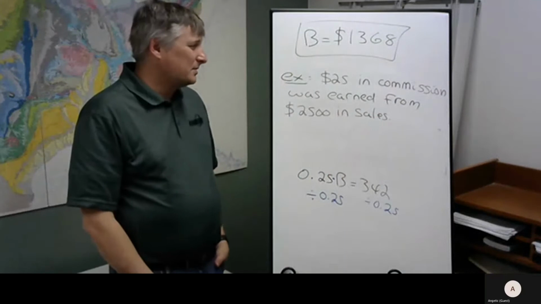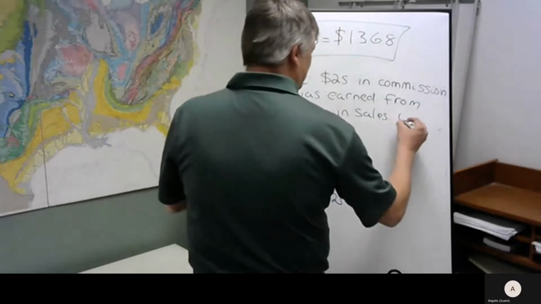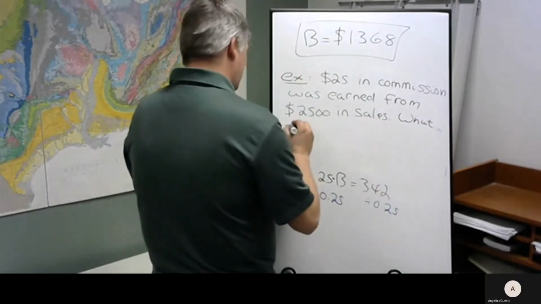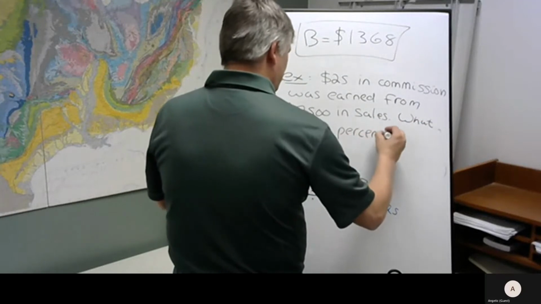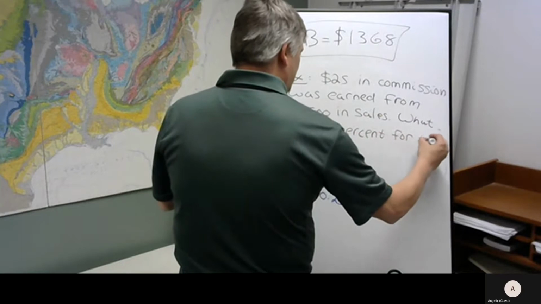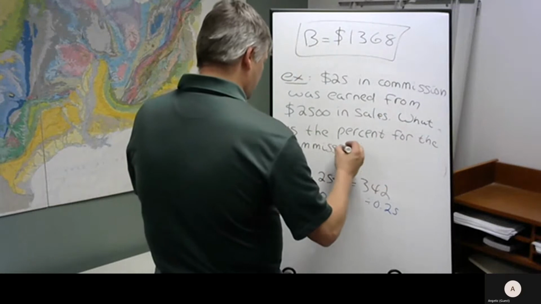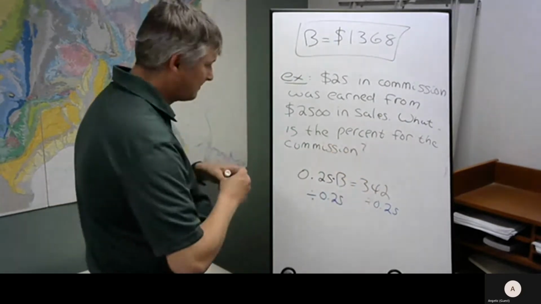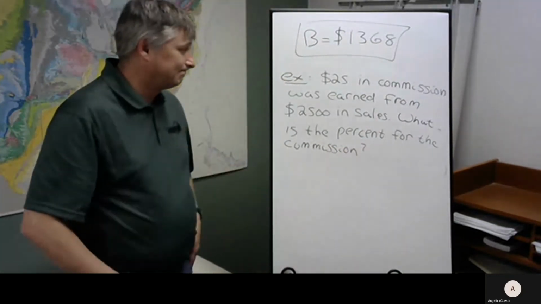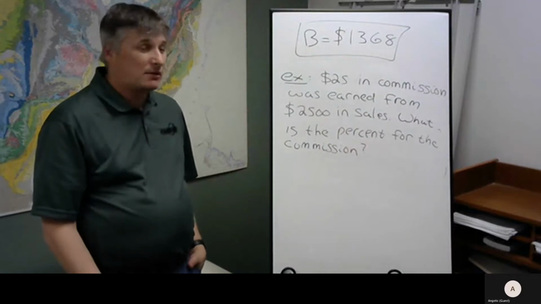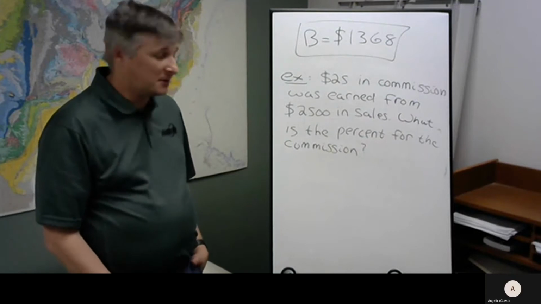So $25 in commission earned from $2,500 in sales. What is the percent for the commission?